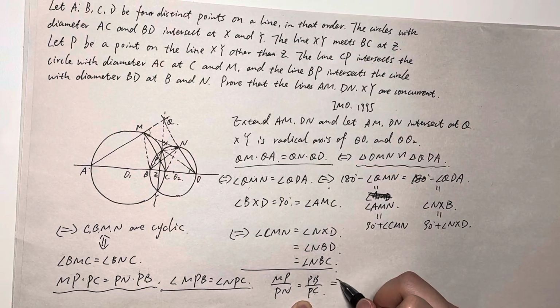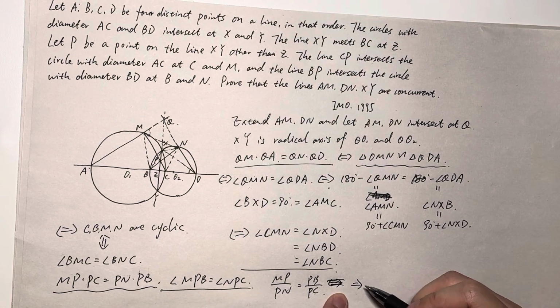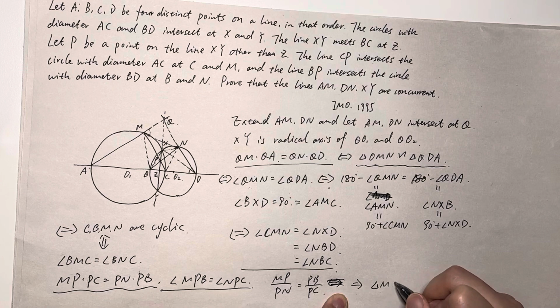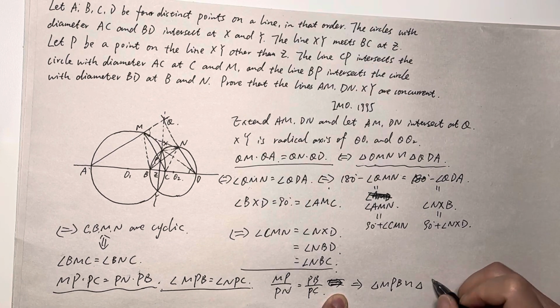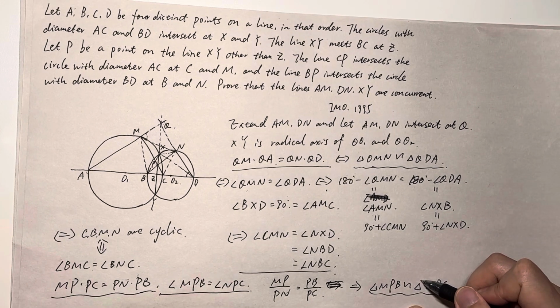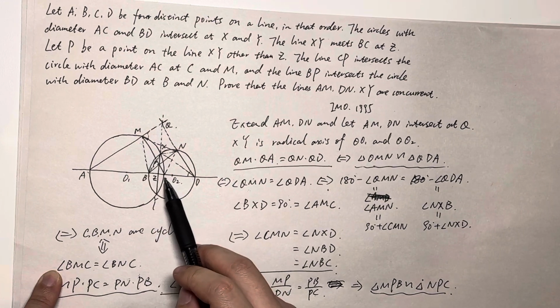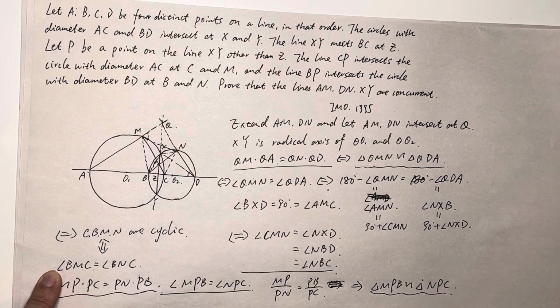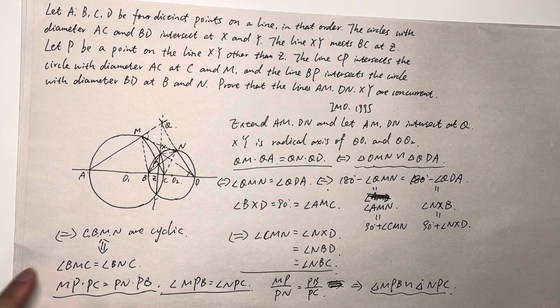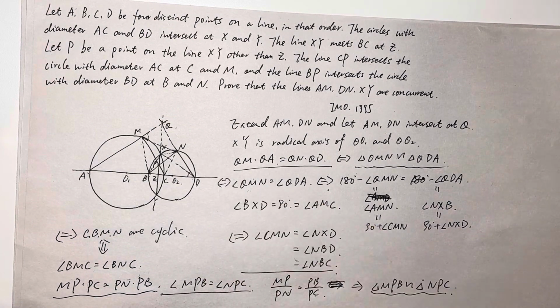So we know that triangle MPB is similar to triangle MPC, right? And based on this, we just proved that angle BMC equals angle BNC. Then we know that AM, XY, DN are concurrent.